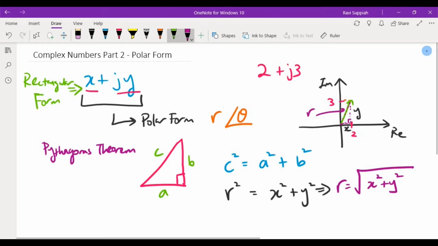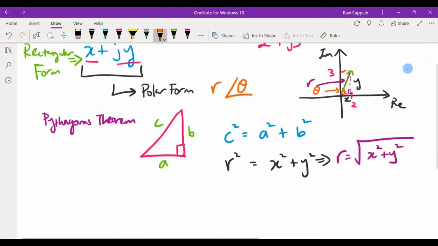So how about theta? Theta is actually this angle over here. Since this is a right angle triangle and we know x and y, for this angle theta, we can say that x is the adjacent.